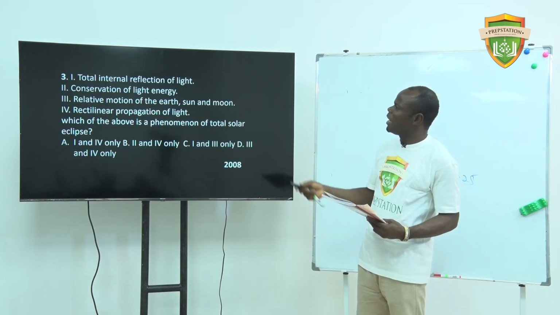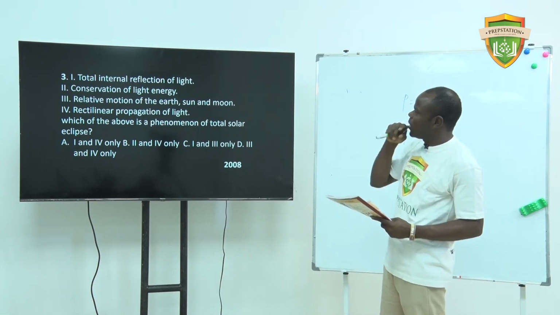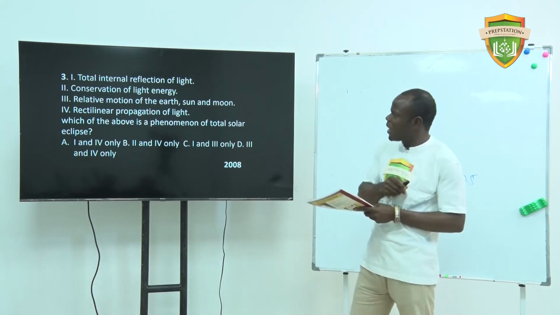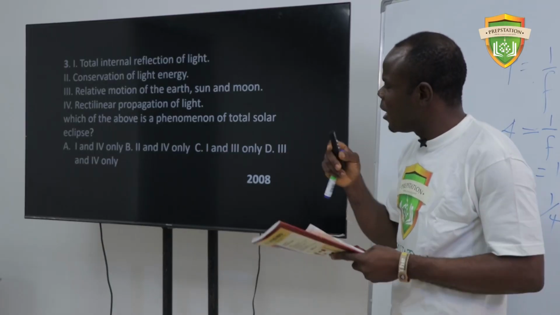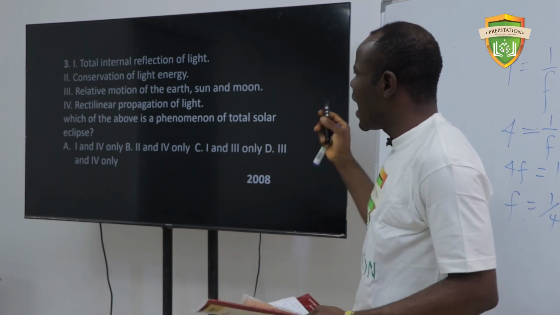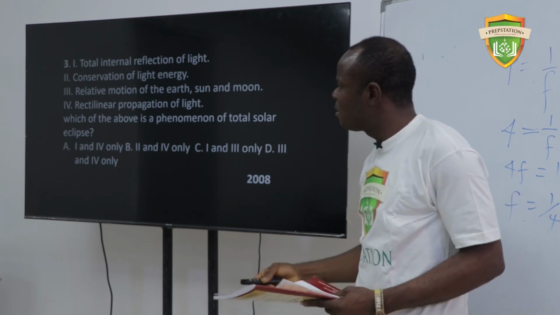So let's move to the next one, number 3. It says, point 1, total internal reflection of light. Point 2 says, conservation of light energy. Point 3 says, relative motion of the earth, sun, and moon. 4, rectilinear propagation of light.